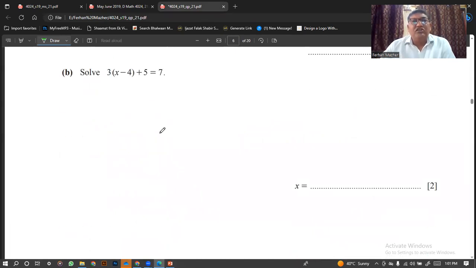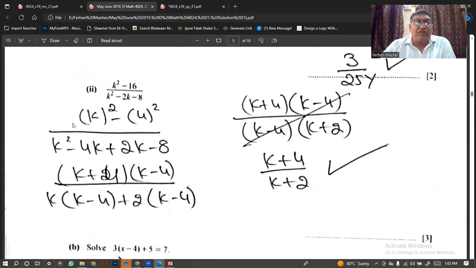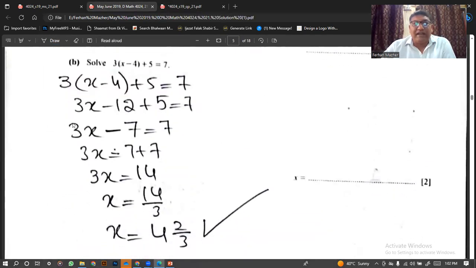Okay, so we are going to the next part, that is the B part. He says solve: 3(x minus 4) plus 5 is equal to 7. So we have to solve it. We want to find the value of x. The method is very simple. That 3 will multiply with the bracket, so you will have 3x minus 12 plus 5 equals 7. So that is 3x minus 7 equals 7.